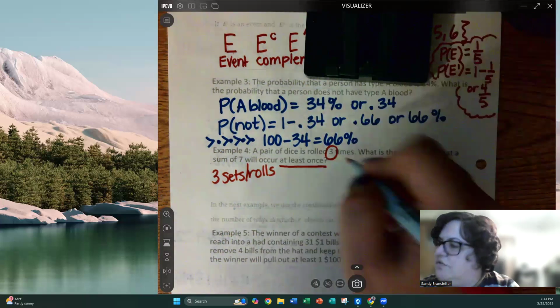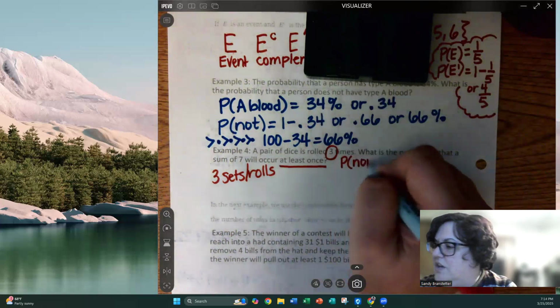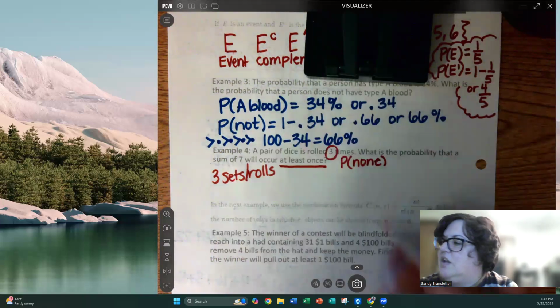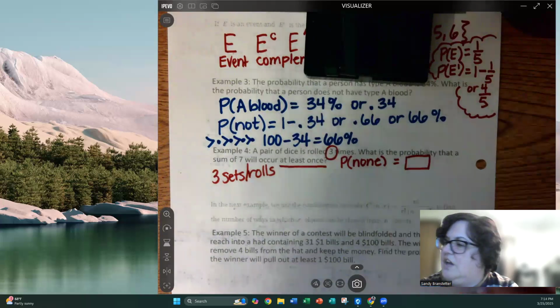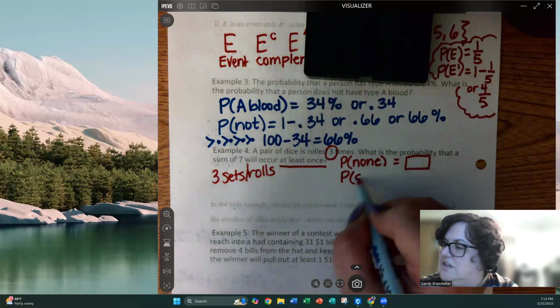Or you can figure out what is the probability that none of them have a sum of 7, and then I can take that answer and take 1 minus.